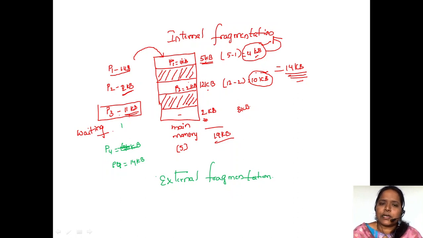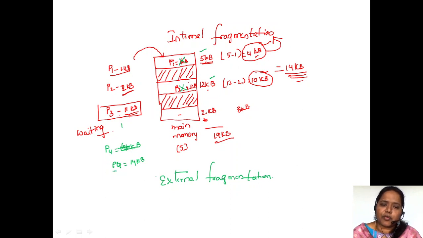After some time this P1 task completed and we have removed this P1 process. So here 5 KB is left over, and after some time we have removed the P2 process also. Here again 12 KB is left over.